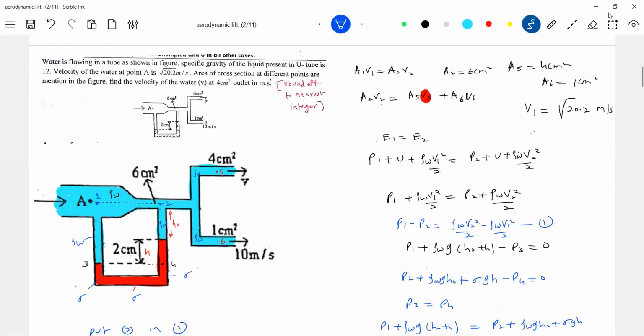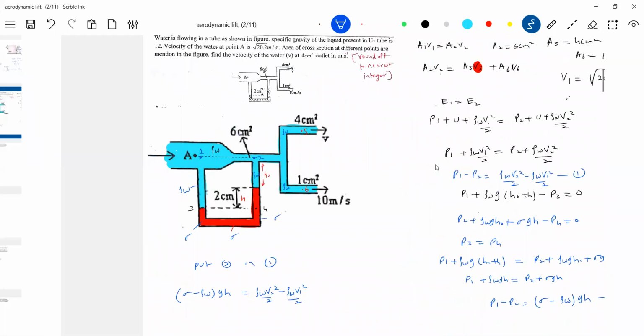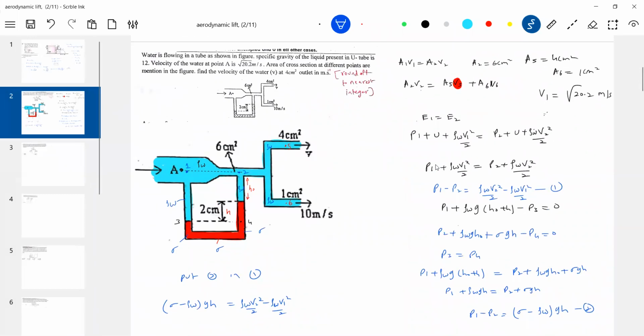Fine. Can you solve this later on? I'll go for the next question. A complete problem is visible. See once. Solve for V2.